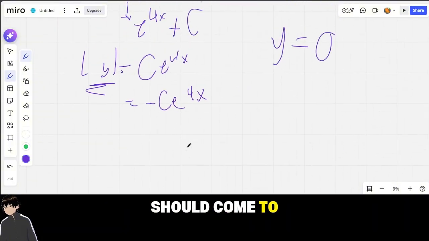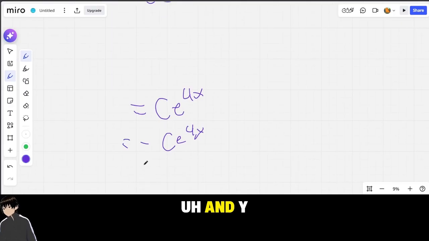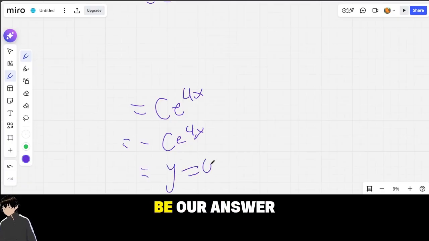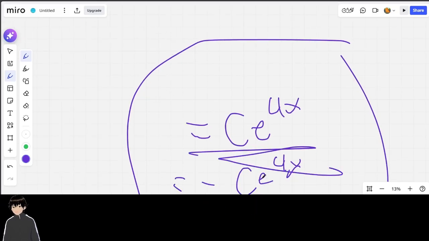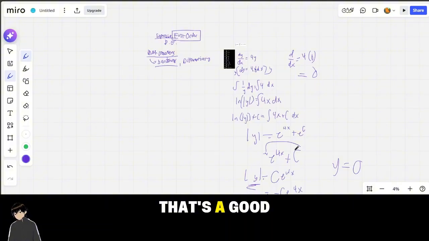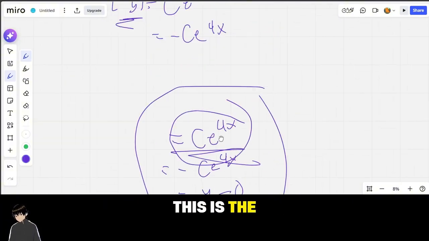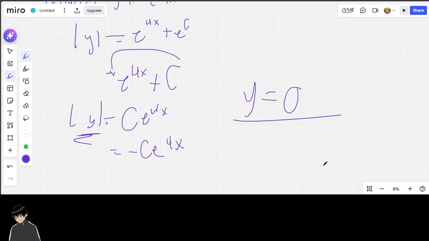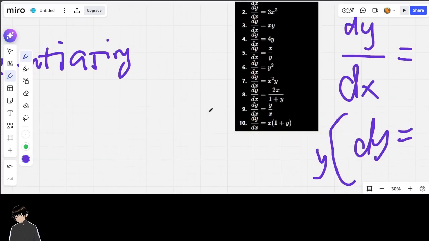Our answer is C e^4x, negative C e^4x, and y equals 0. But the answer is going to be C e^4x. I think that's a good solution. So this is the general solution. You see? So now we've solved number 4.